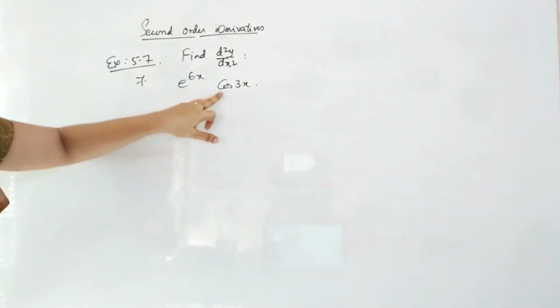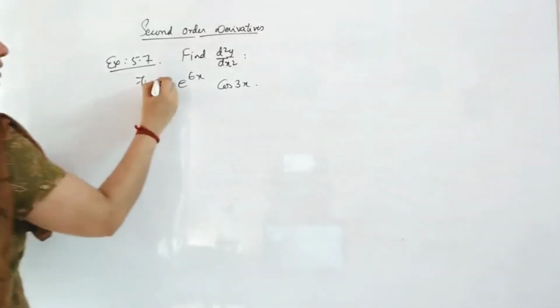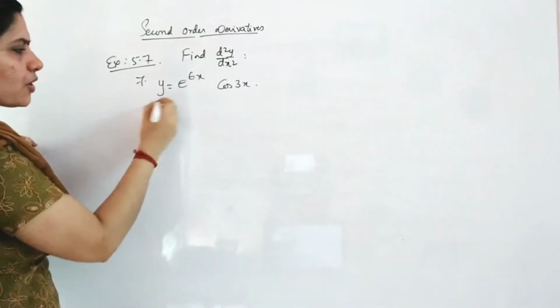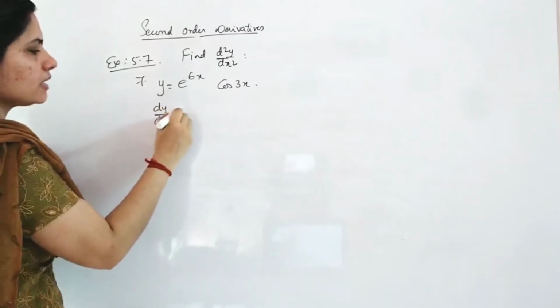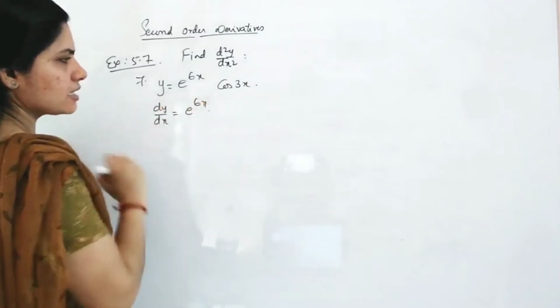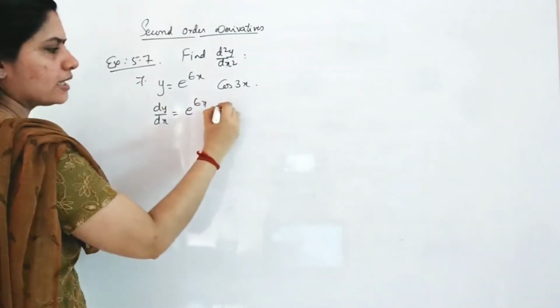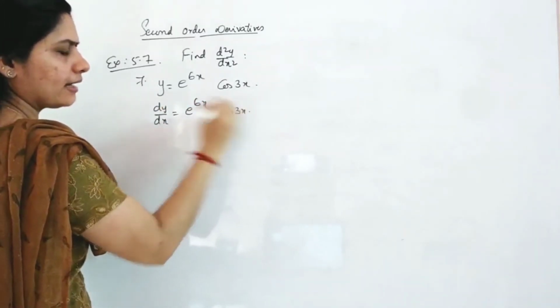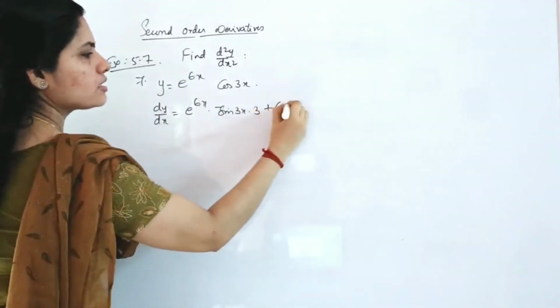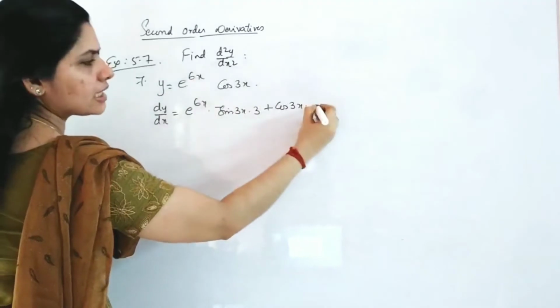E raised to 6x into cos 3x. Put it as y is equal to, again you have two terms, so you have to use product rule. Differentiating once you get dy by dx is equal to e raised to 6x into derivative of cos, which will give you minus sine of that angle into the derivative of that angle, which is 3, plus cos 3x into the derivative of e raised to 6x.